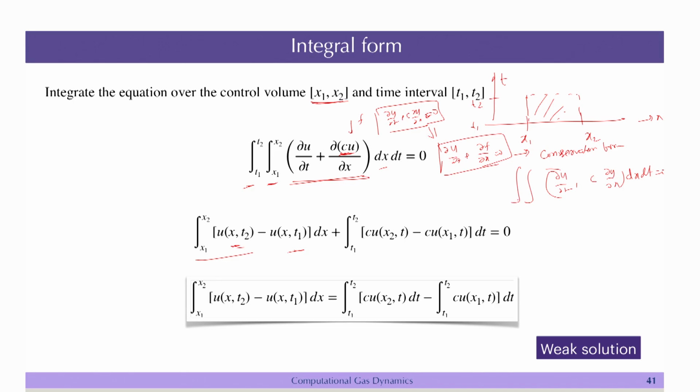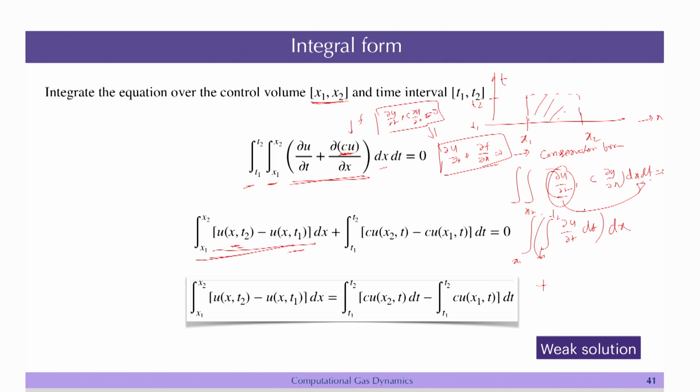For the first part, you take del u by del t and integrate with dt: du by dt dt from t1 to t2, and x1 to x2 for dx.